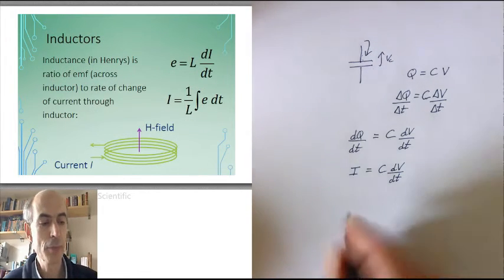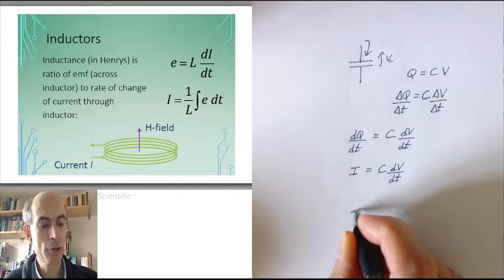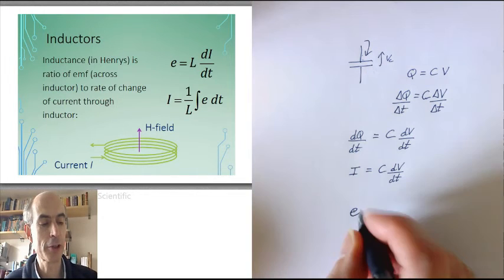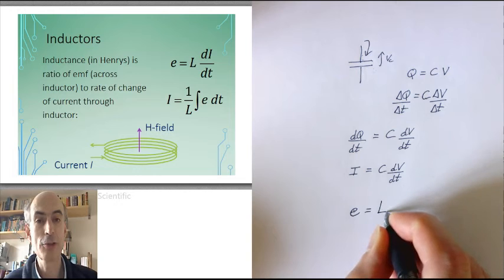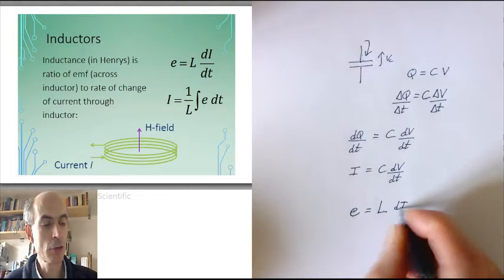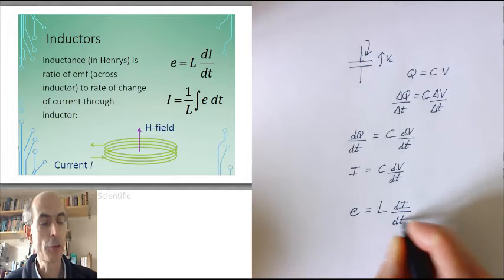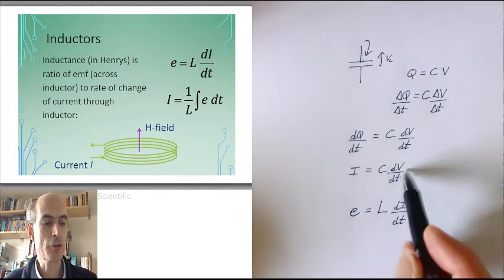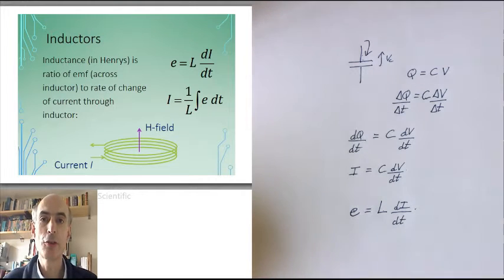For inductors, the corresponding equation is that the EMF, or the effective voltage across the inductor, is the inductance in henries multiplied by the rate of change of the current flowing through that inductor. And those are the two differential equations that we need to solve if we're going to do circuit analysis with inductors and capacitors.